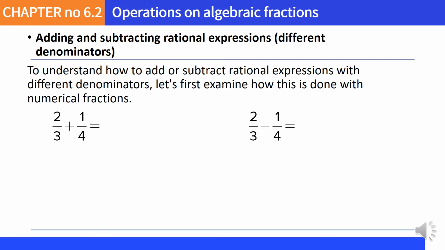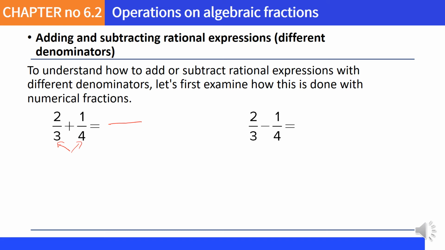Adding and subtracting rational expressions with different denominators. To understand how to add or subtract rational expressions with different denominators, let's first examine how this is done with numeric fractions. As we said, our denominators must be the same. So we will search for the lowest common multiple.